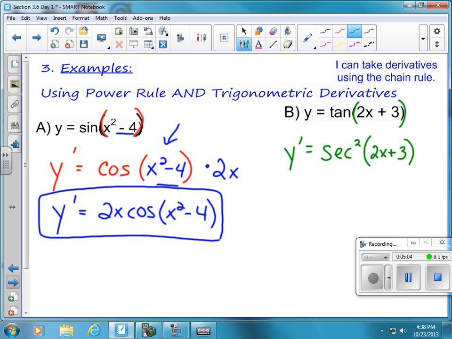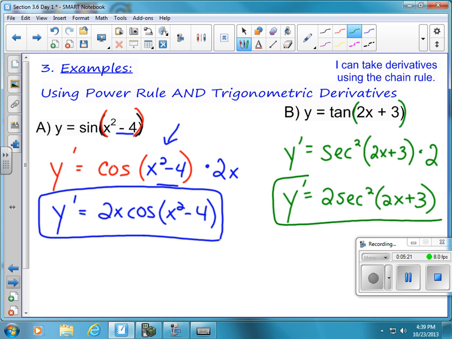Then we multiply times the derivative of 2x plus 3, which is just 2. So y prime equals 2 secant squared of 2x plus 3. All right, so this is taking derivatives using the power rule and trig derivatives.